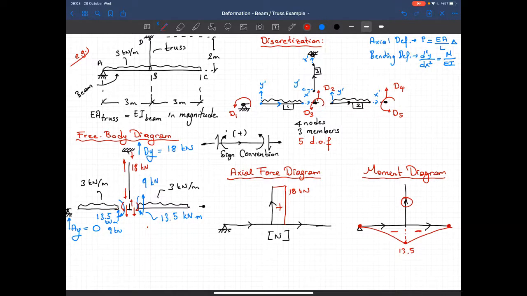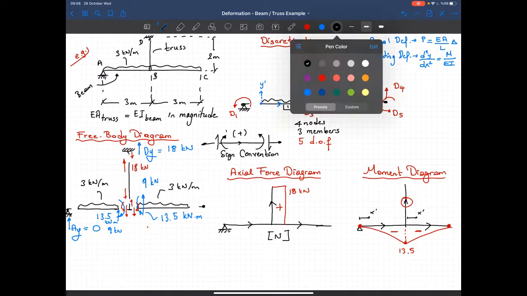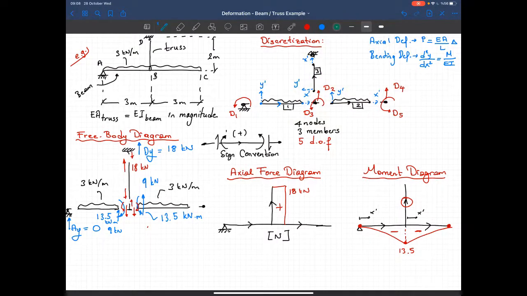Now, what about the equations? While writing the equations, this is my x prime, and for the second member, this is the origin, that will be the x prime. In order to determine the equation for the moment, you can take a section cut here.